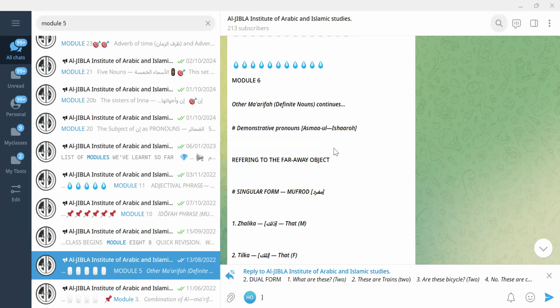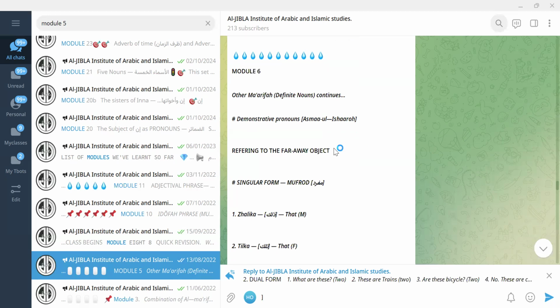This is the 6th module, and inshallah, by our next lesson, which is Thursday, we'll probably do 2 more modules. That will mean that we have completed the 8 modules that we are meant to do for this month, and then we'll do our test.